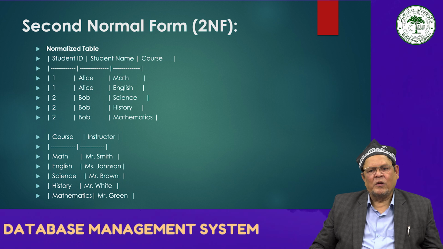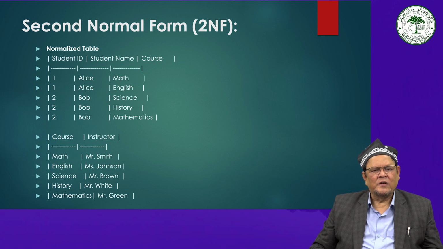In our original table, the instructor column depends only on the course, not the entire primary key, student ID and course. To bring it into second normal form, we will split the table into two separate tables, one for student course information and another for course instructor information.